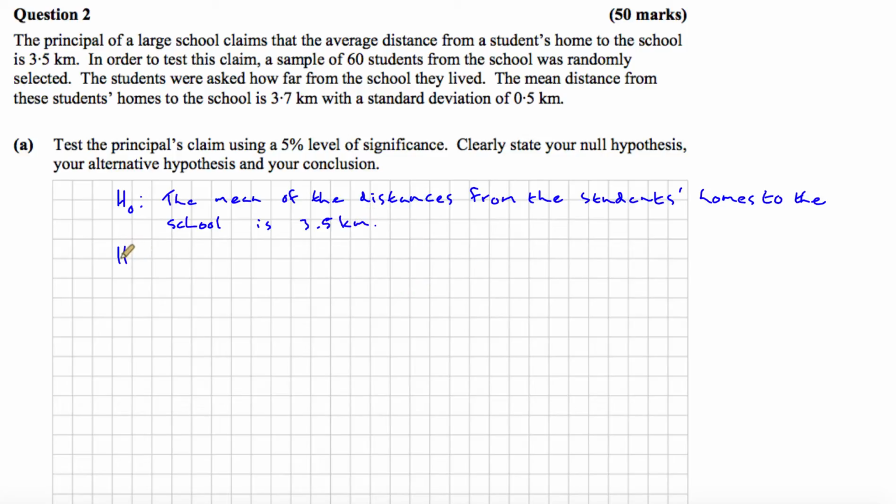So our alternative hypothesis then would be that the mean of the distances is not 3.5 kilometers, or that it's different.